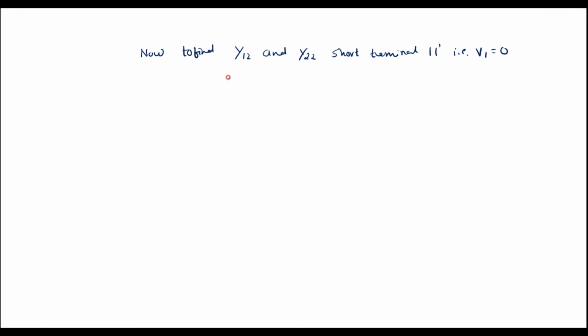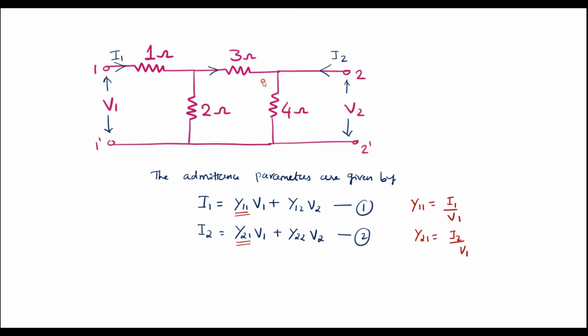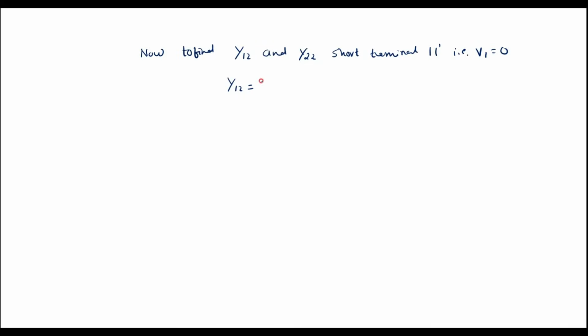In that case we'll get Y12 is equal to I1 by V2, and we have Y22 is equal to I2 by V2.